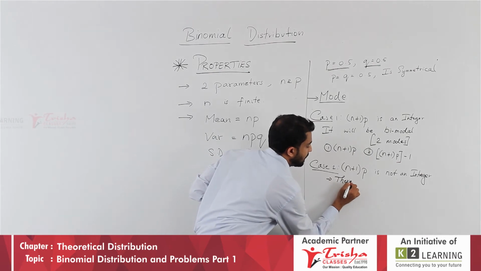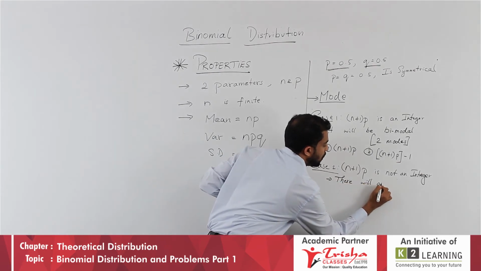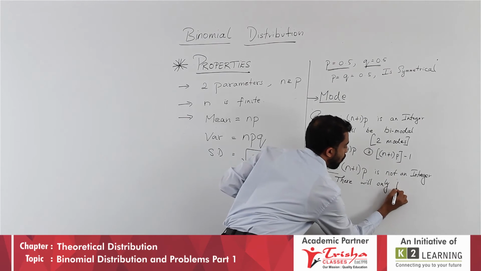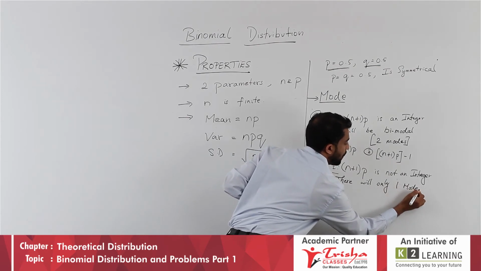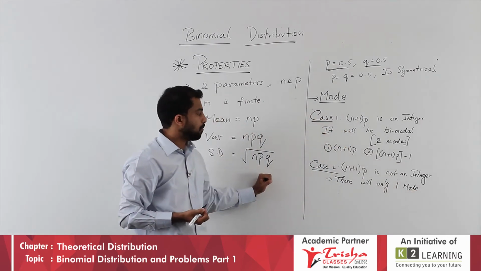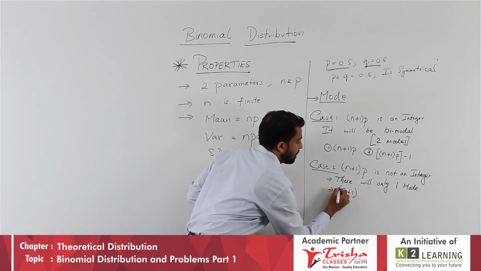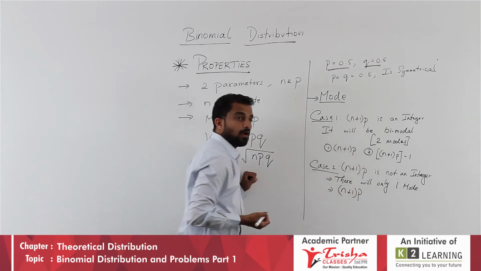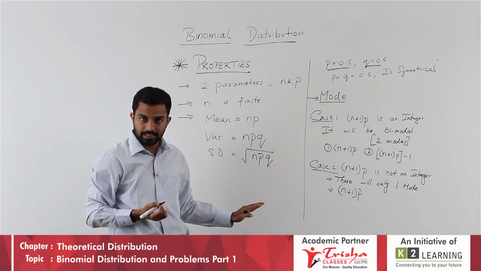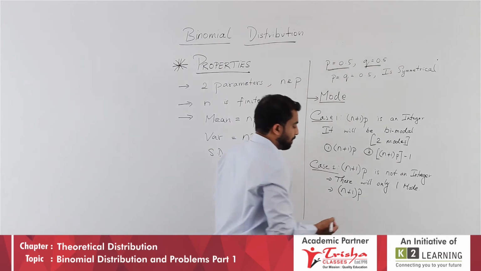There will be only one mode. And what will be the mode? Mode will be (n plus 1) into p, whatever answer we get here, only the integral part of it.